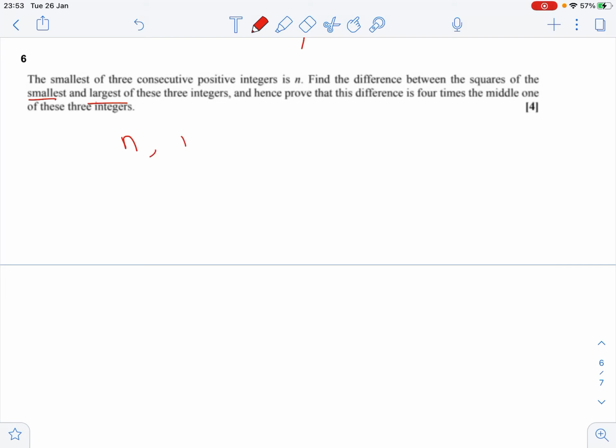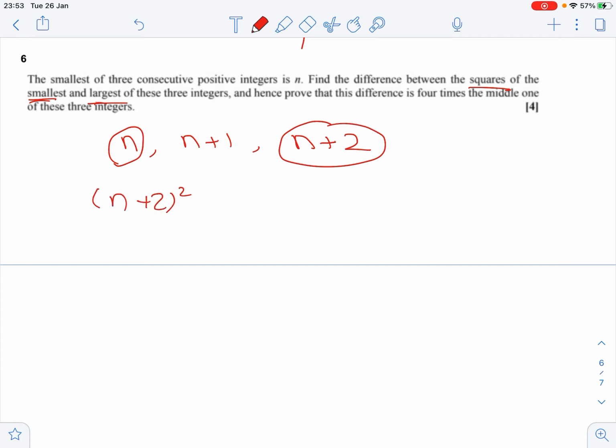Therefore, the next ones would be n plus 1 and n plus 2. So these would be our 3 consecutive integers. Find the difference between the squares of the smallest and the largest. So square your largest, subtract the square of the smallest.